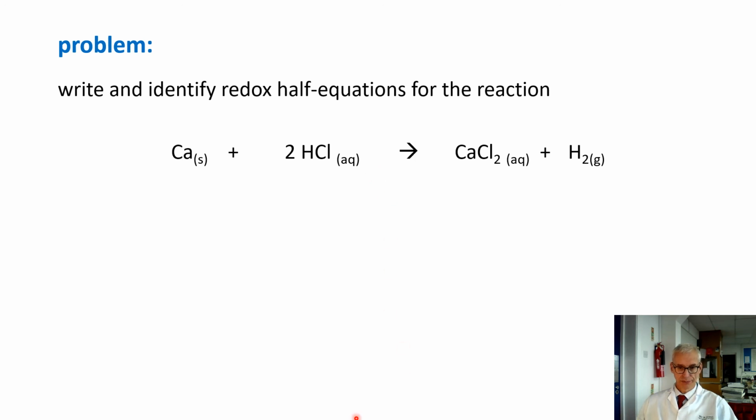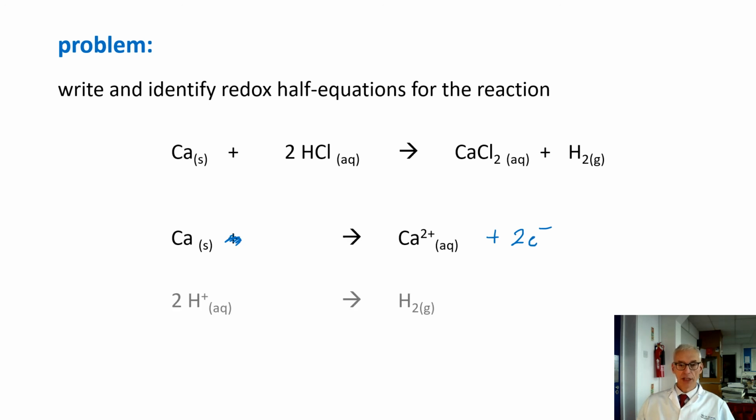Okay, so let's see what I've pre-prepared. Calcium going to calcium 2 plus, well, that's going to be by losing 2 electrons. Nothing required there. And of course, hydrogen ions are going to change to hydrogen gas. Now, why have I not written, by gaining 2 electrons? Why have I not included anything about chlorine?